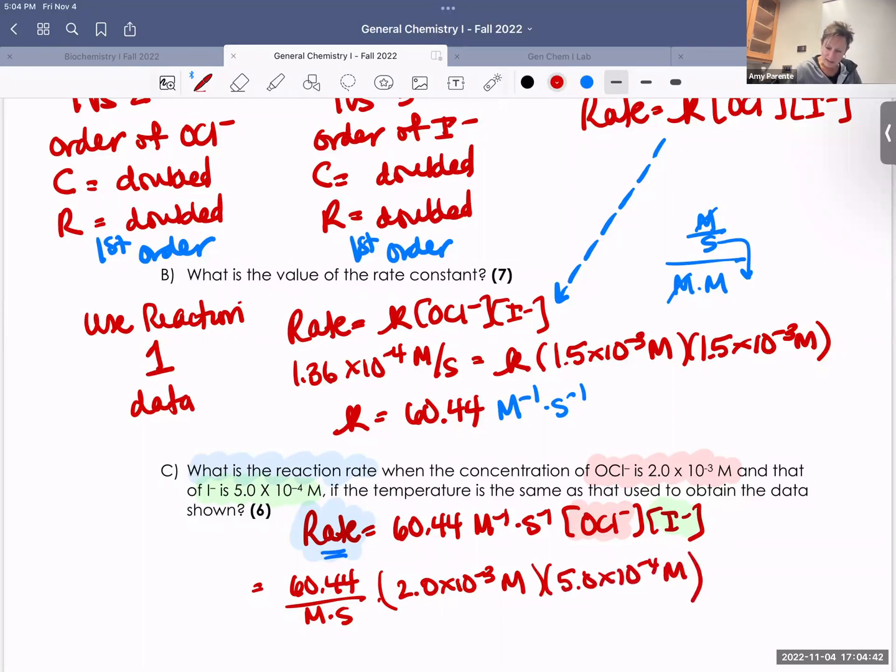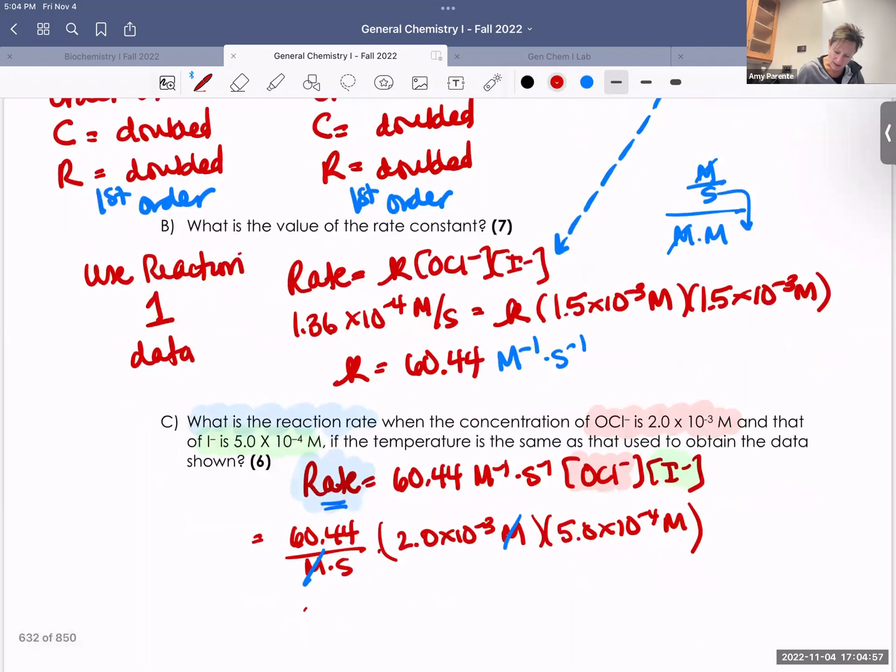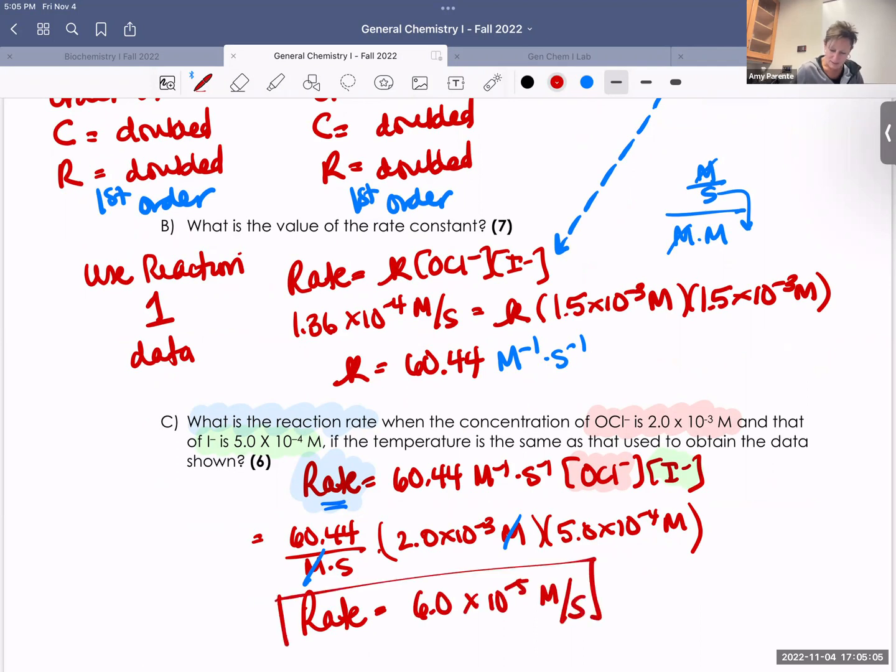Okay. And what I can see, canceling out my units, one of my molars is going to go away, and I'm left with units of molar per second, which is the right units we always have for rate, concentration per unit time. So math for this, rate equals 6.0 times 10 to the minus fifth molar per second.